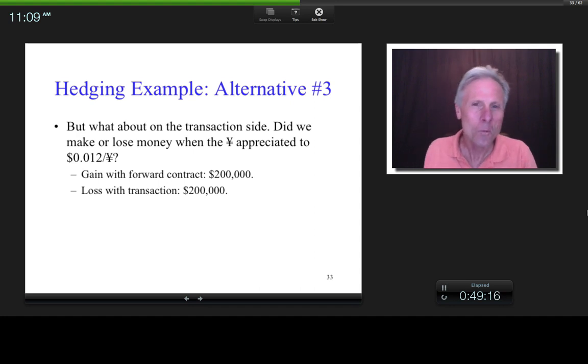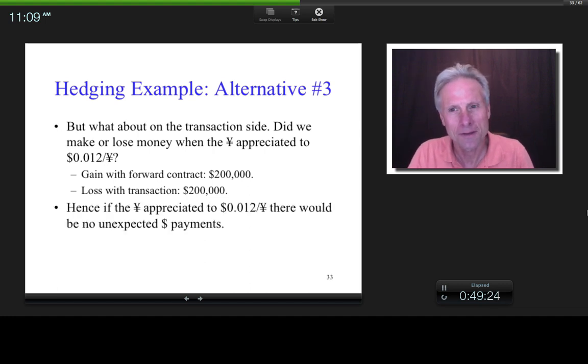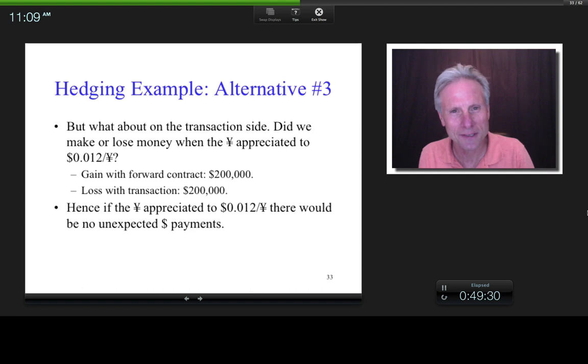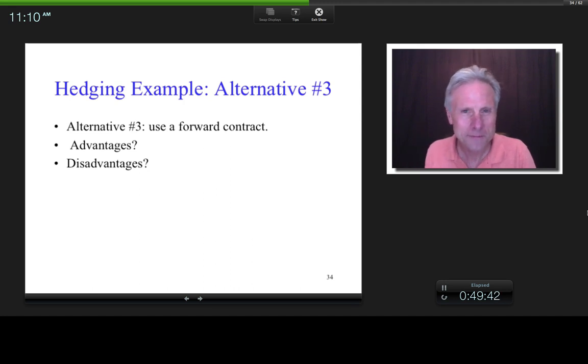So again, when the yen unexpectedly appreciated, were there any unexpected dollar payments? There weren't, right? And so whether the yen appreciated or depreciated unexpectedly, in both scenarios, did we pay anything unexpected with dollars? We didn't, right?